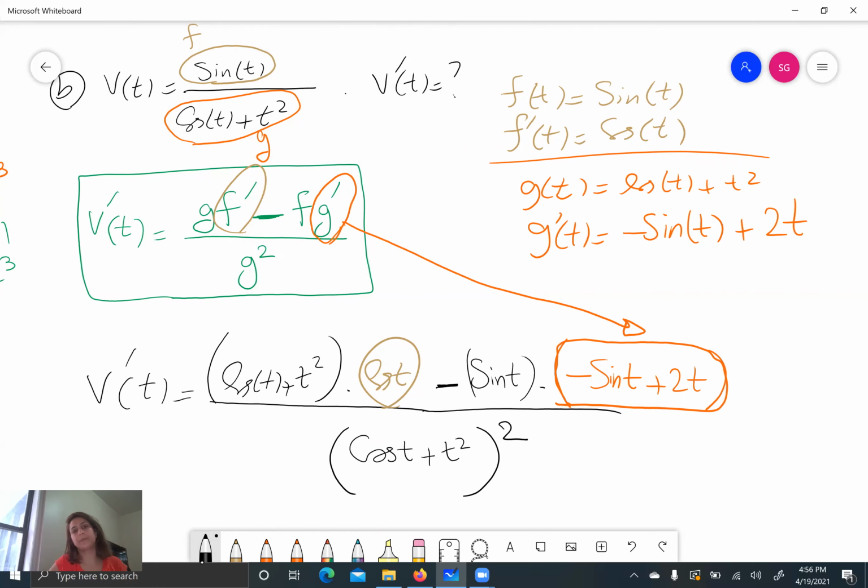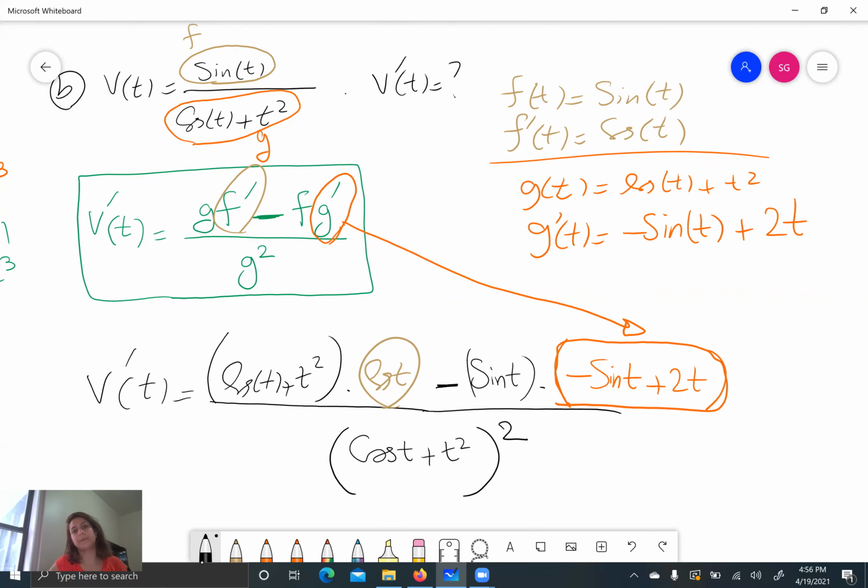For example, the first step says we need to take the derivative of the whole thing in the bracket. Because it's addition, we take the derivative of the first one and add it to the derivative of the second one. So whenever you see this notation, it's the same as the prime notation that I use, which stands for taking the derivative.